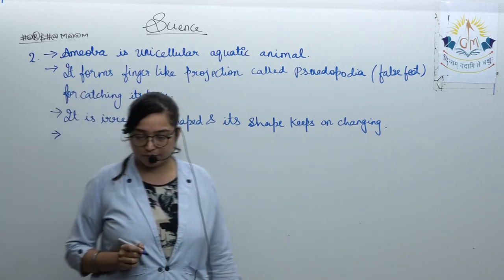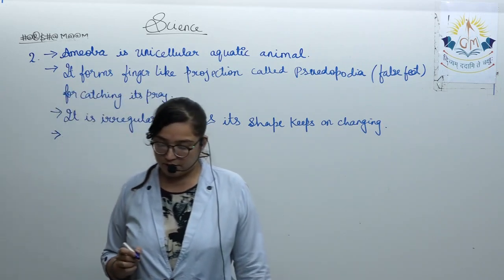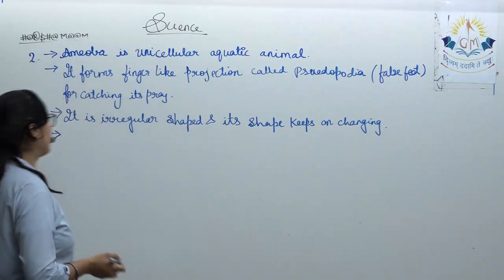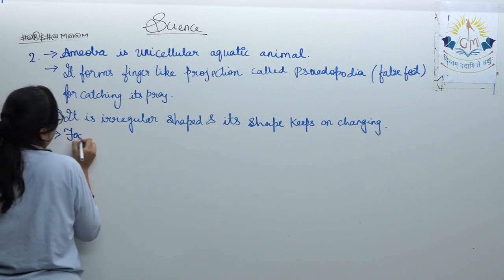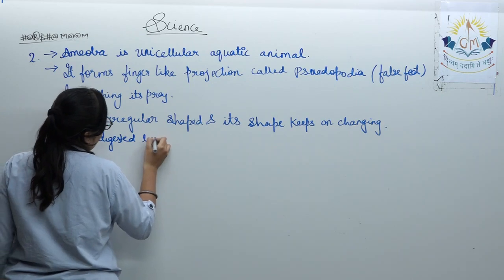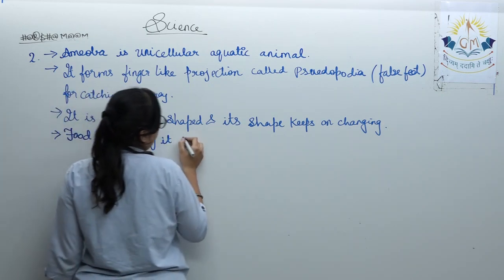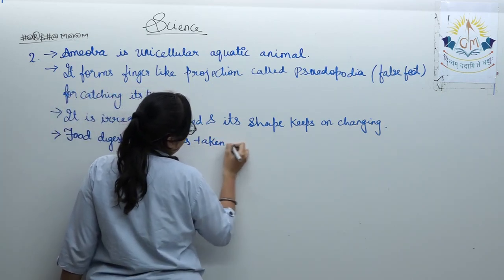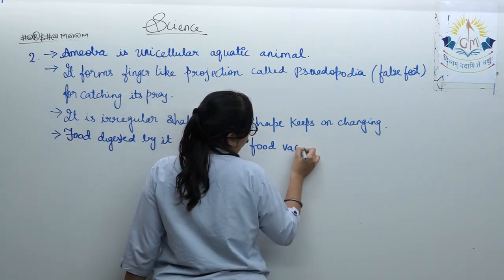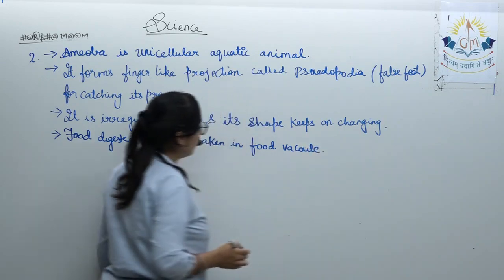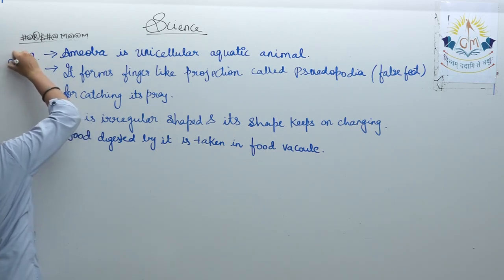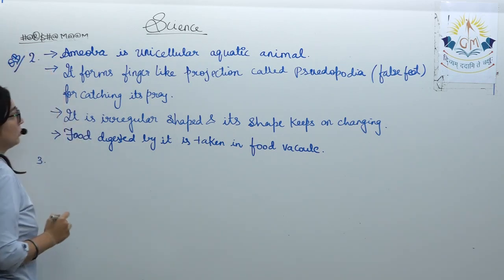Moving further, the food is digested in the food vacuole. Okay, so these are a few of the characteristics of amoeba.